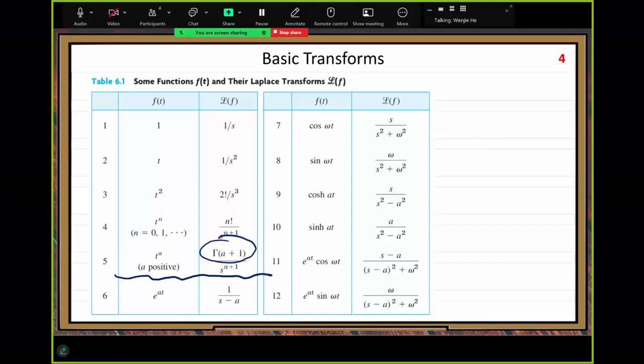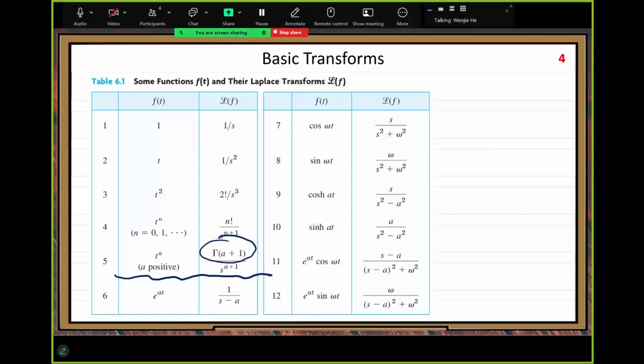Calculus, gamma function. Gamma function comes at a very late stage, probably Calc 2, Calc 3. To calculate this Laplace transform, we need to use the gamma function. Why the gamma function? The gamma function is the generalization of factorial.